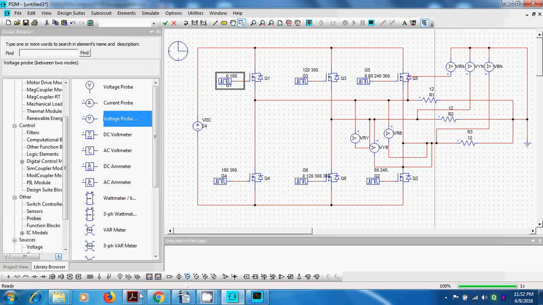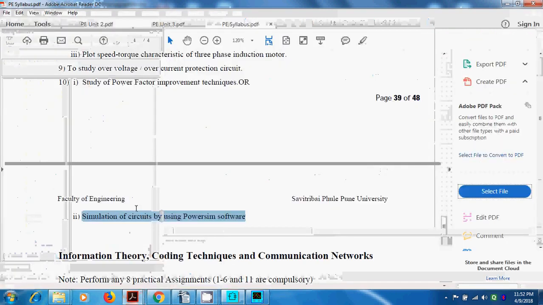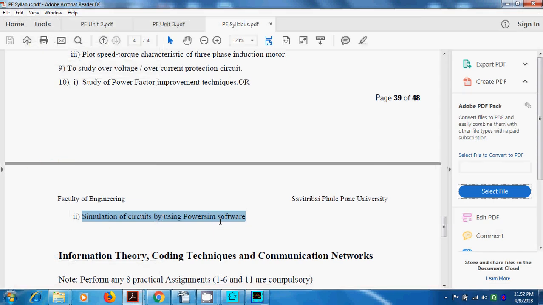From the syllabus point of view, we have taken simulation of circuits using PowerSim software. We have studied three power electronic circuits with the help of PowerSim. First is the single phase semi converter using R load. We can use RL and a freewheeling diode using RL also. Then the single phase full converter using RL load.